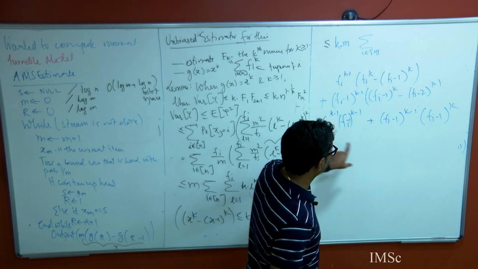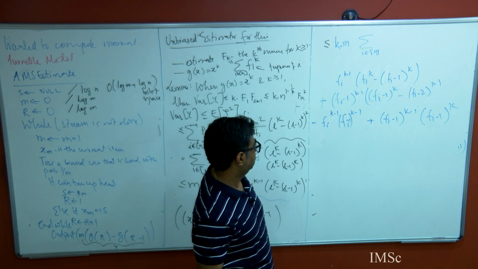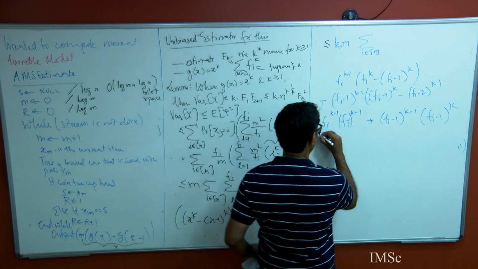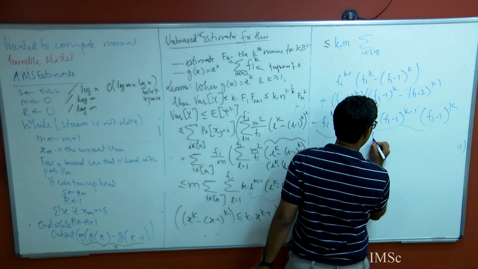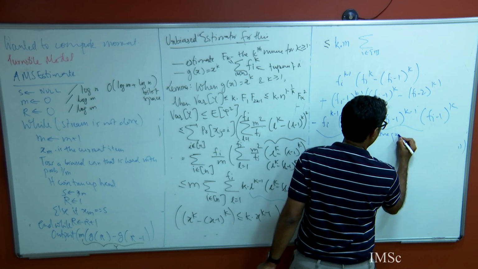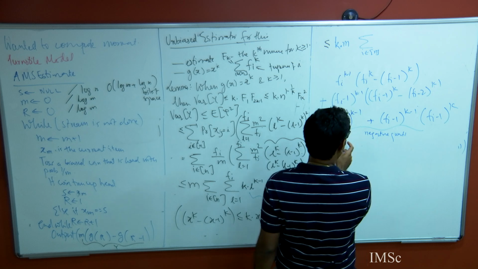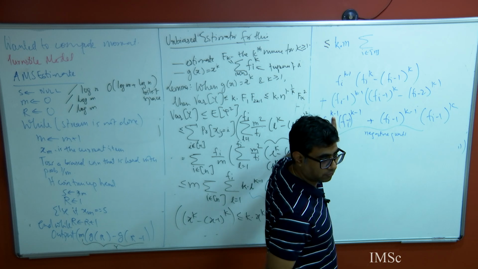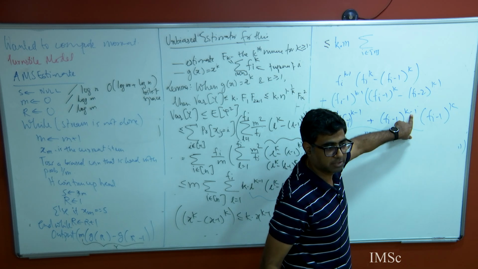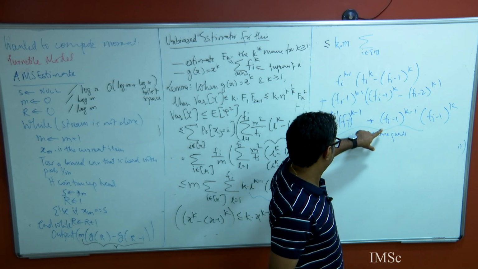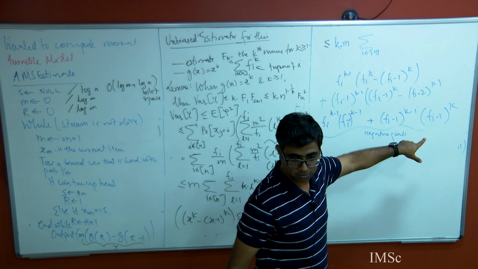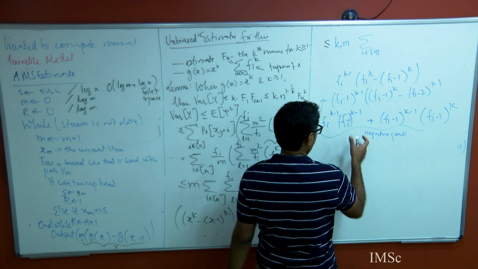What can you say about these two terms? This term is going to be negative. This is a negative quantity. Why? Because this is a common term, and this is fi to the k minus 1, and this is fi minus 1 to the power k minus 1, right? Do you see this? This is a negative quantity. Why?